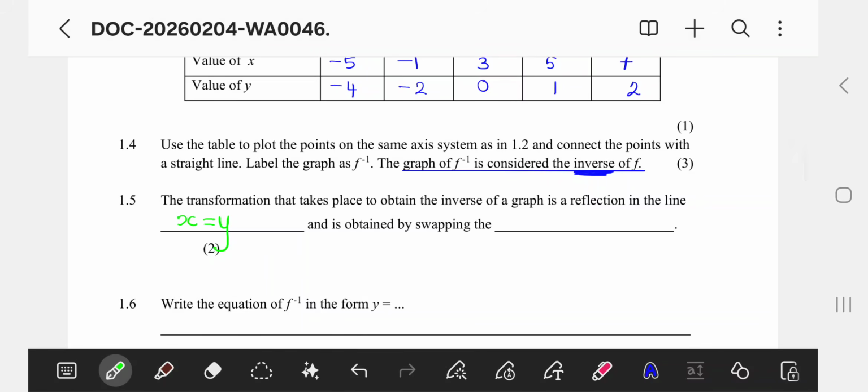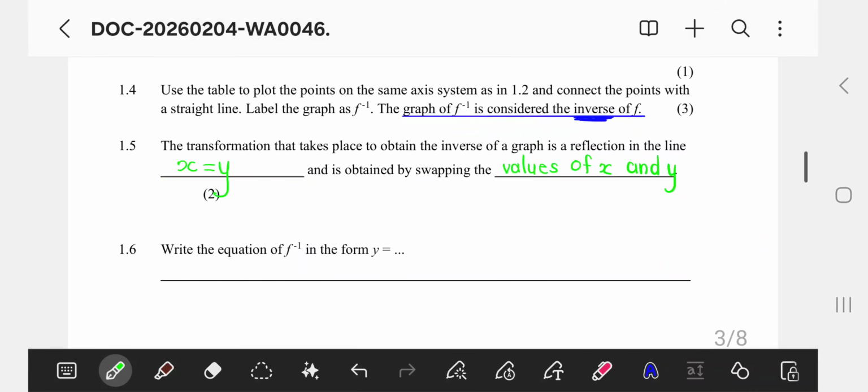You could say value of x and y coordinates, by swapping, according to how they've named it, let's say swapping the values of x and y. Guys, this information alone in 1.5 is the basis on which inverse functions operate. We swap the values of x and y, and when we plot the inverse, we notice that the line of symmetry, or the line of which the original function has been reflected, is the line x is equal to y.